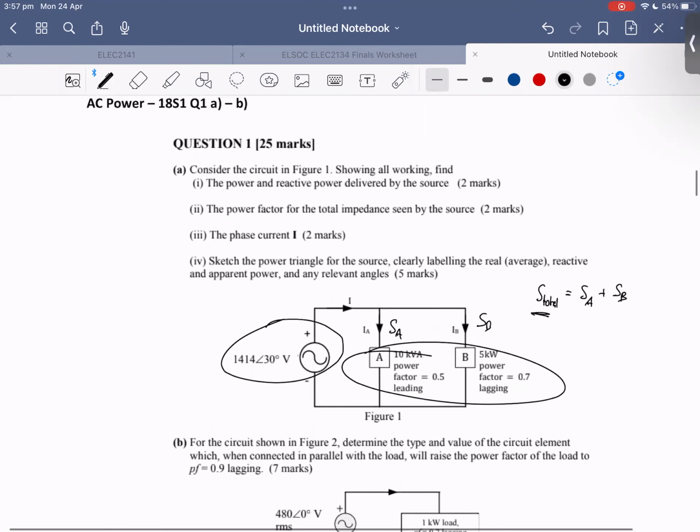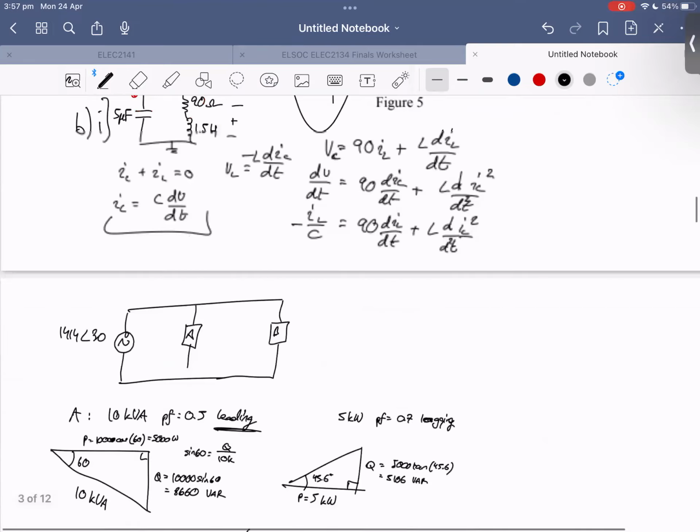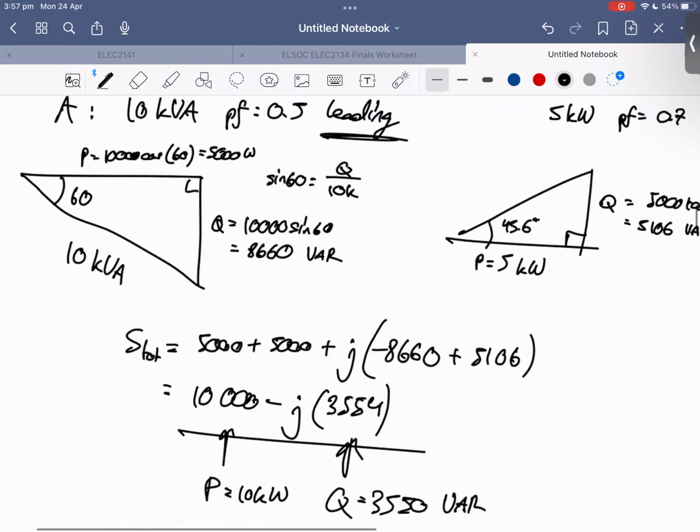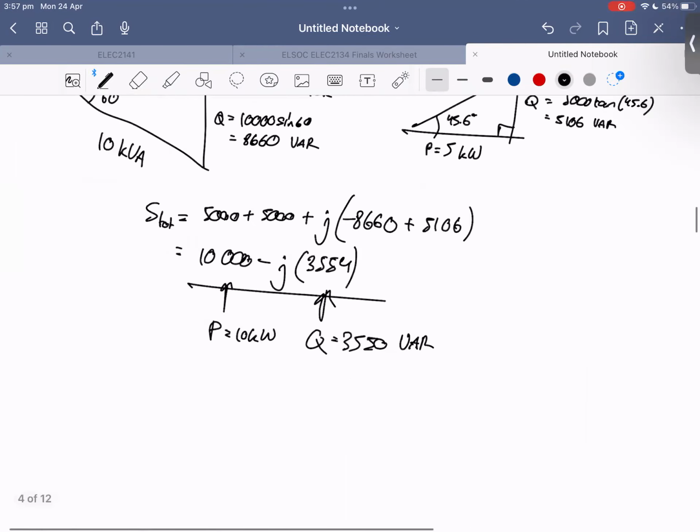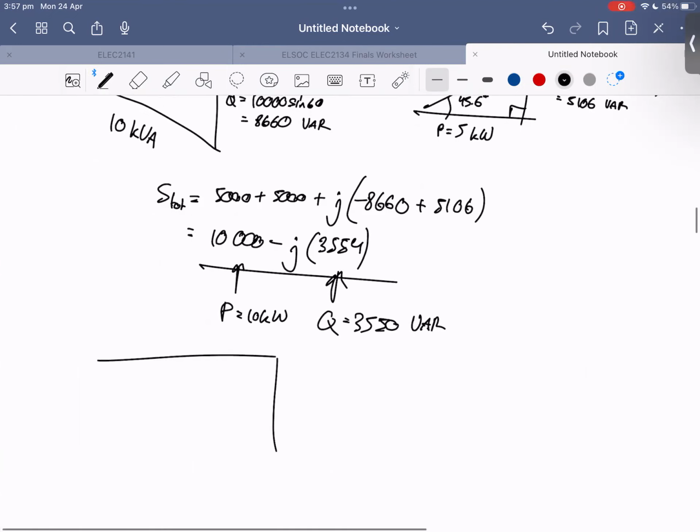So the second question says the power factor for the total impedance seen by the source. Well, if you look at this triangle again, I'll redraw it. It looks like this. So I've got 10,000 here, and then we've got 3,554.